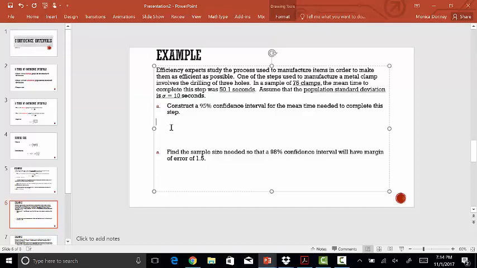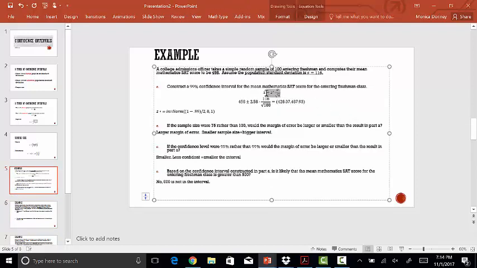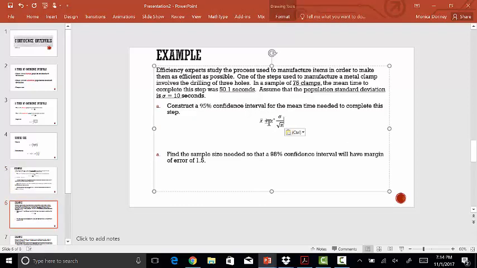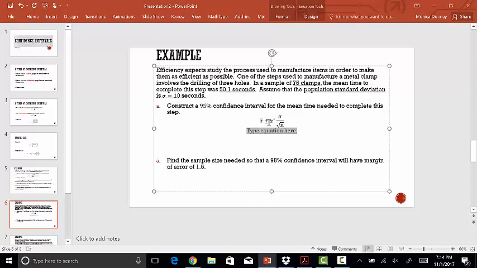Alright, so let's work this out. Again, I'm using the formula that we used on this last slide. And I'm simply plugging in everything that I know. So my x bar in this example is 50.1 plus or minus z star. I want to do inverse norm of 1 minus 0.95 over 2, comma 0, comma 1.